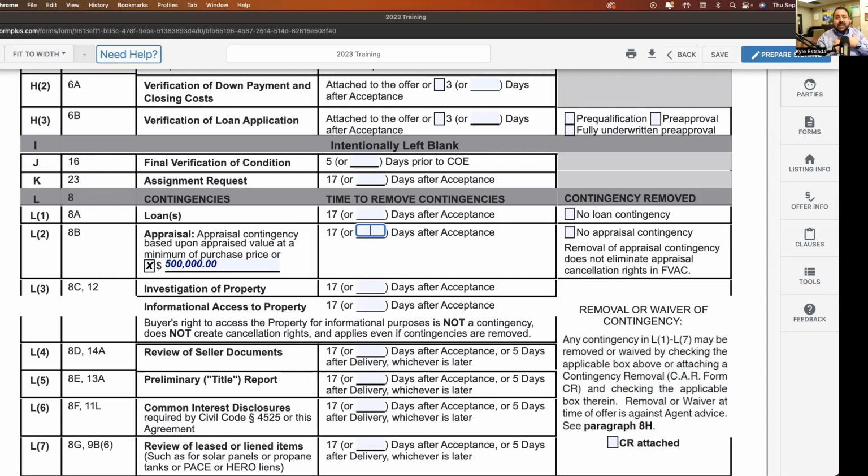And what that says, me to you, buyer to seller, is that I am all in. I will not use my appraisal contingency as long as the property appraises for the amount you listed it for. So if it appraises at 500, we're good to go. I have to pay you 560.